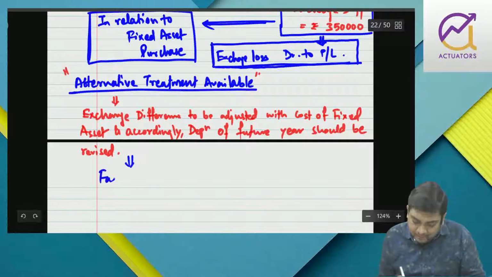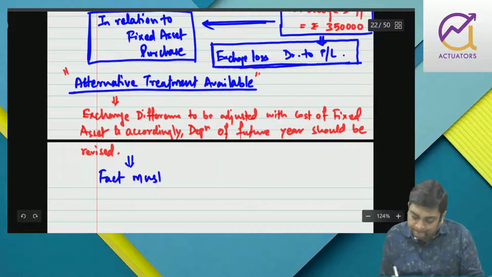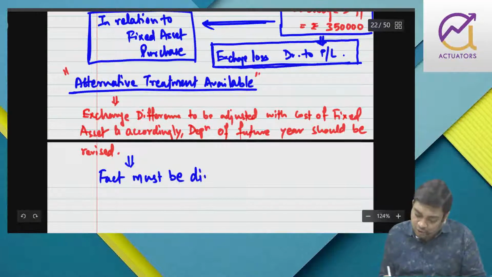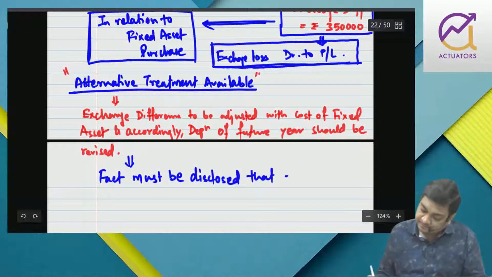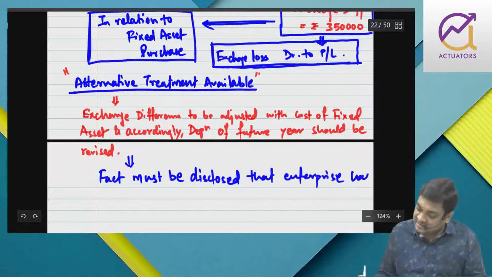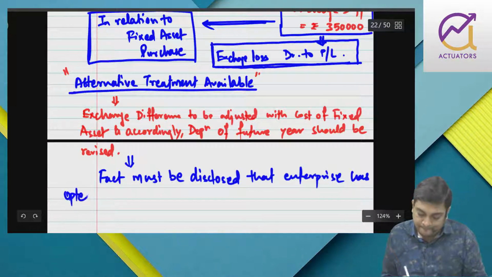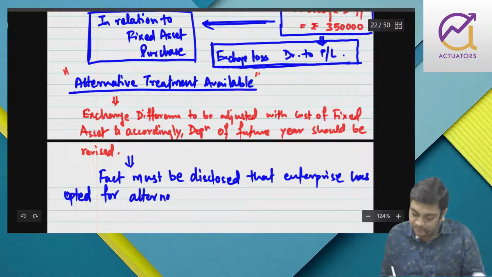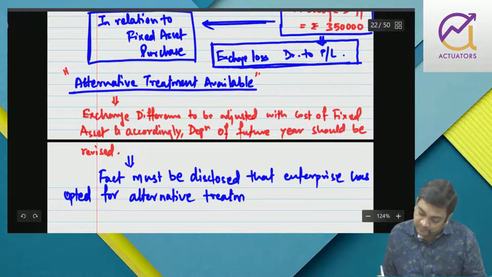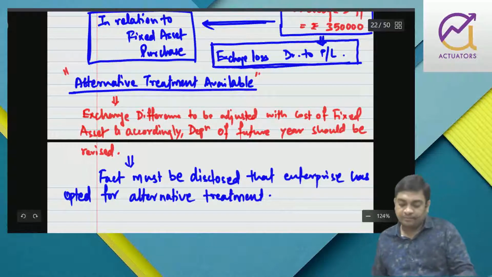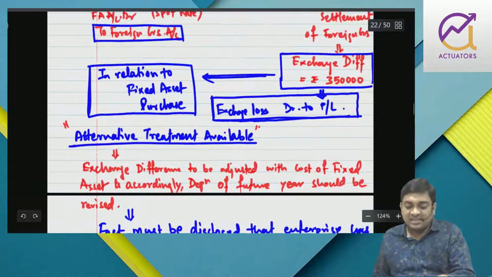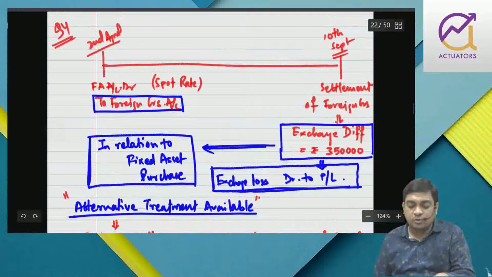Fact must be disclosed that enterprise has opted for alternative treatment. So whenever there is an exchange difference, gain or loss, it should be adjusted with PL.